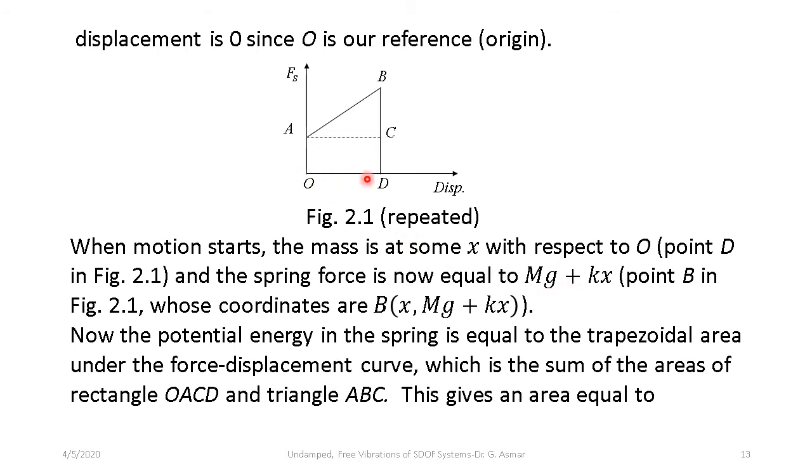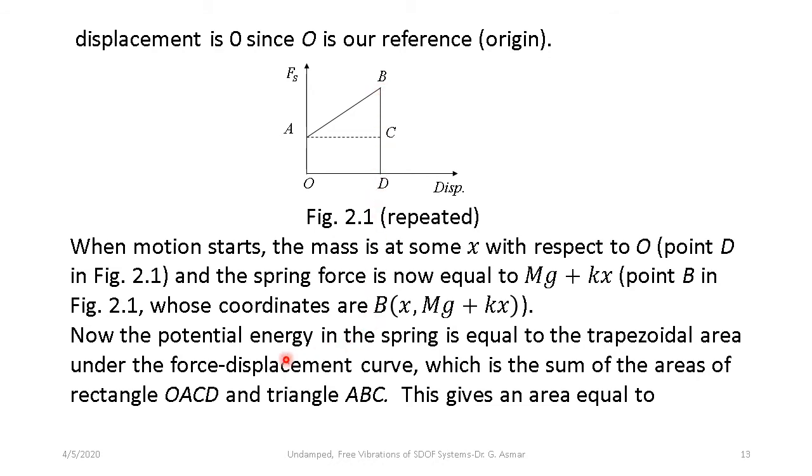So at point D, we have the deflection of the spring when the mass is at some x below the datum, and therefore the force there at B is mg plus kx. So the coordinates of point B in this graph are going to be x, comma, mg plus kx.